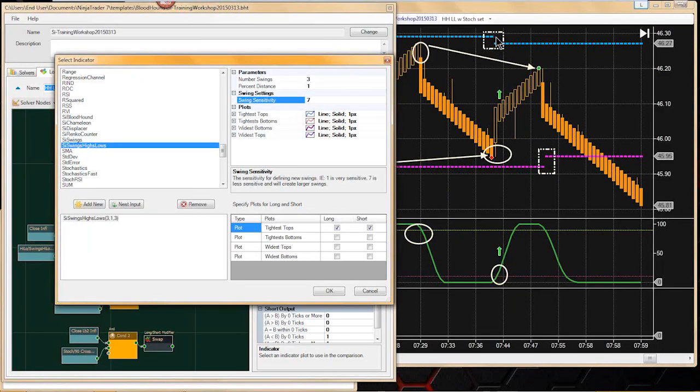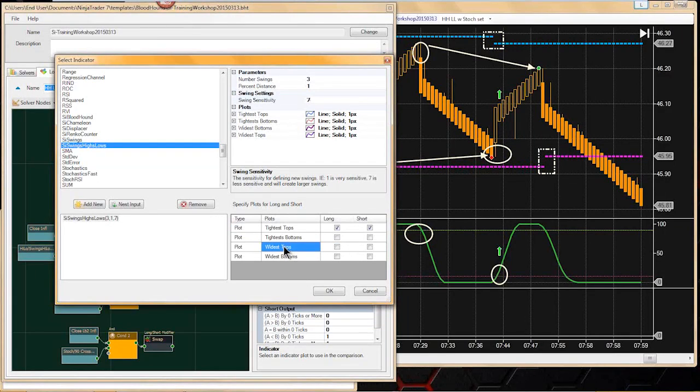It doesn't matter if I generate a long signal or a short signal, but since the plot is shifting down, and the widest bottom plot here, the magenta, is shifting up, I'm going to generate a long signal when it shifts up. And I think that's just going to be a little easier to understand.